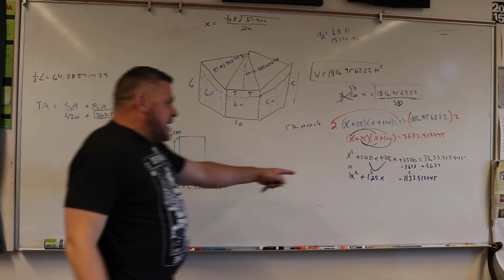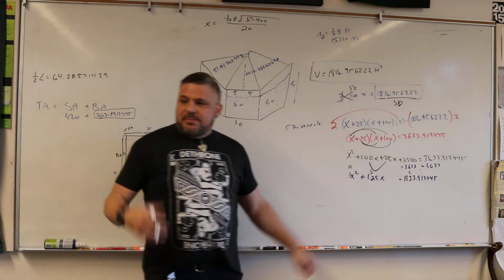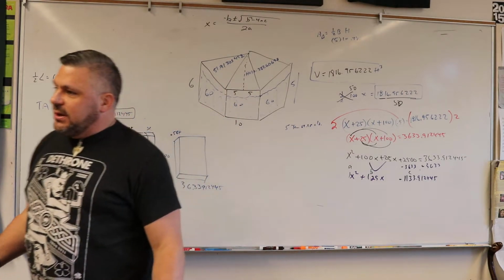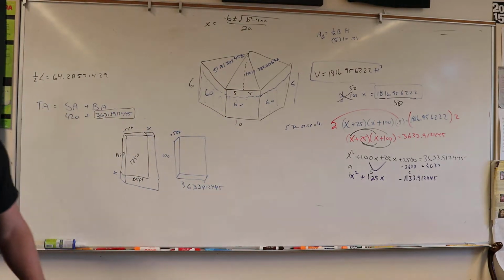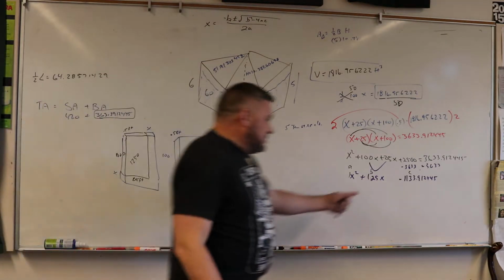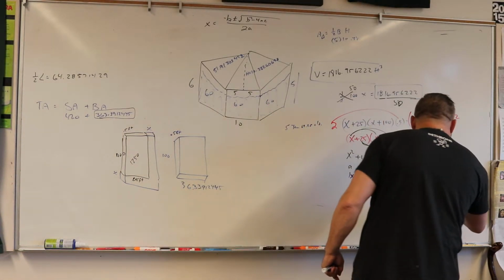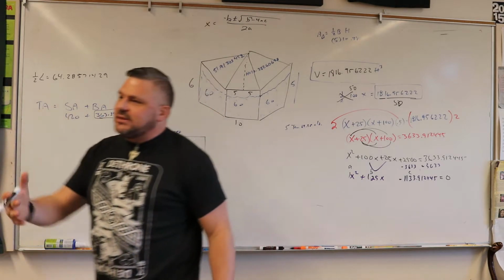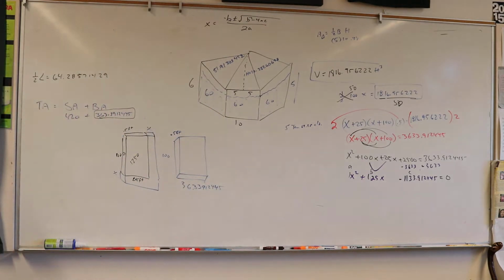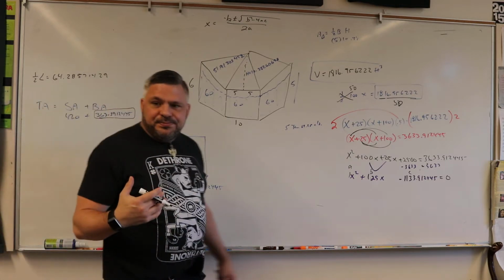This is a quadratic because it's a power of 2. Okay? So since it's a quadratic, the only way to solve it, if we can't factor it, which when you got numbers like this, you're not going to factor it. Does that make sense? As long as it equals 0, which it does, because we subtracted it from both sides, right? We got it going on.